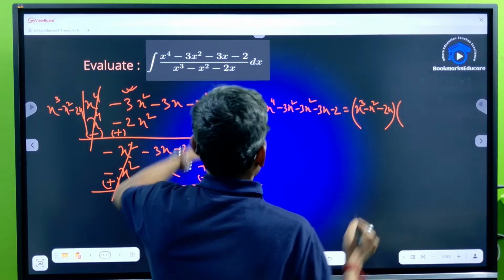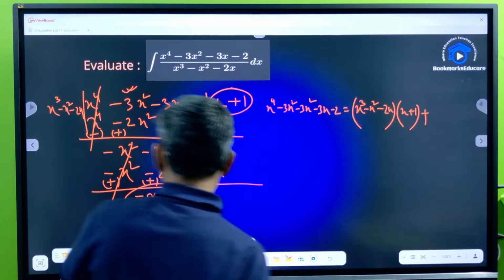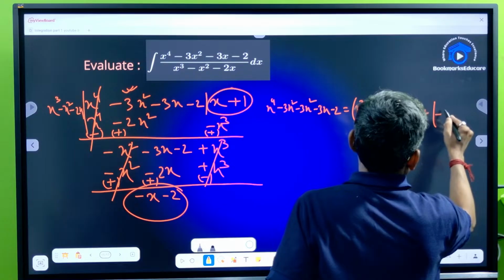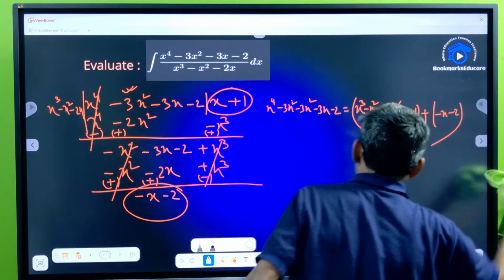Quotient means x plus 1, plus remainder minus x minus 2.